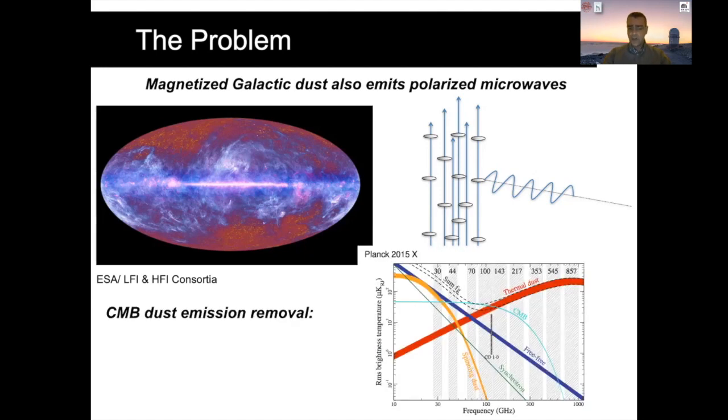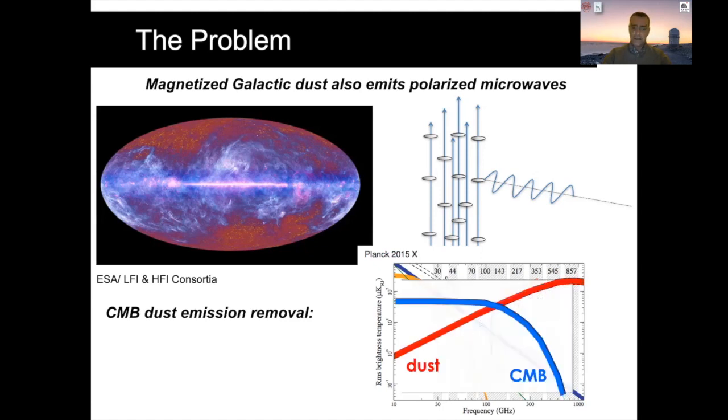The way the dust foreground is subtracted from microwave maps so far is the following. Here I'm showing the various contributions to the microwave sky. It's a busy plot, so let's focus on the 2 ingredients relevant to the problem, the CMB and the dust. Galactic dust, although very cold, around 19 degrees Kelvin, is still warmer than the CMB, which is of course at 3 Kelvin, and so it dominates the emission at higher frequencies.